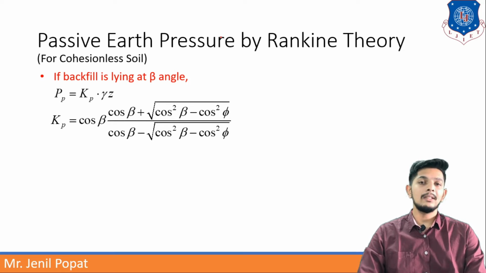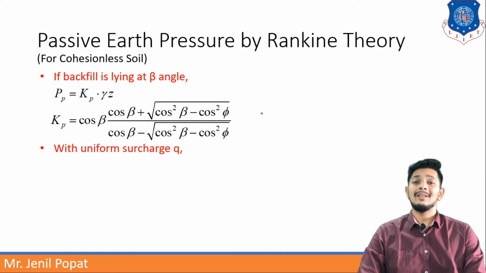Kp will be cos beta into numerator cos beta plus under root cos square beta minus cos square phi, and in denominator cos beta minus under root cos square beta minus cos square phi. It is similar to Ka, but some signs, positive to negative and negative to positive, are changing.